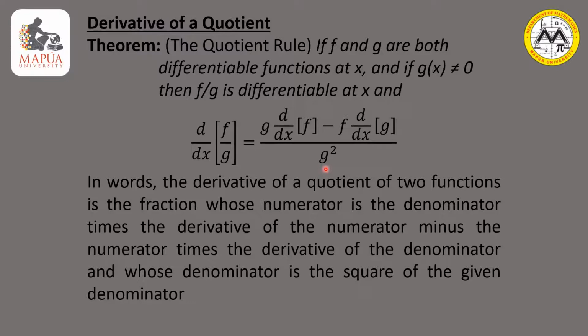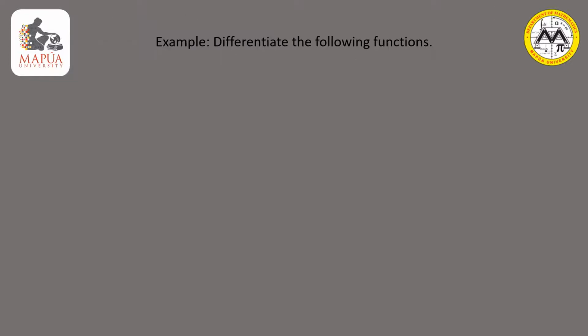Please take note that you always start with the denominator g times the derivative of the numerator minus the numerator f times the derivative of the denominator g, to be divided by the square of the denominator.